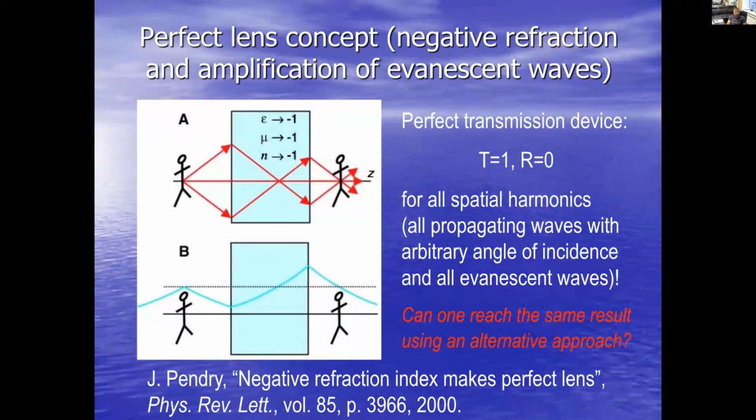So reflection coefficient equal to 0 is also important in order to see what you want to see without any modifications. All right, and the idea was to create some other metamaterial and some other concept which can give us this operation as a perfect transmission device.